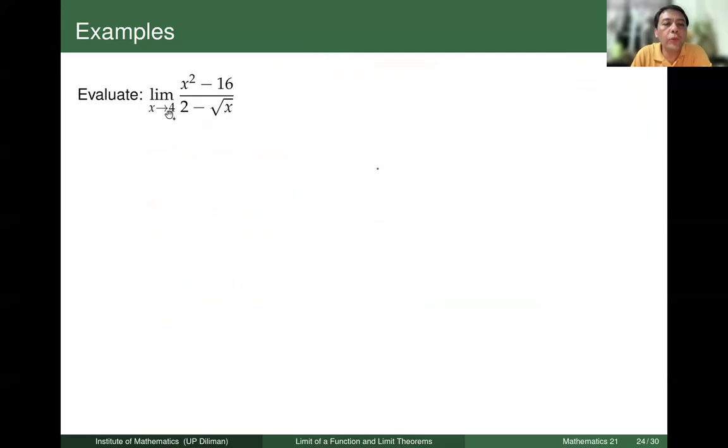So, when x is equal to 4, what we get here is 4 squared minus 16, that's the numerator, and that is equal to 0. Whereas in the denominator, we get 2 minus the square root of 4.